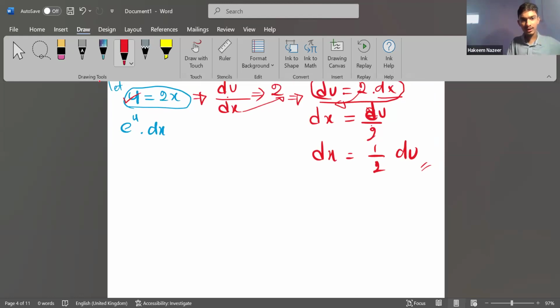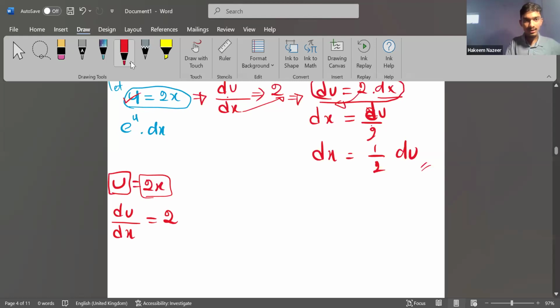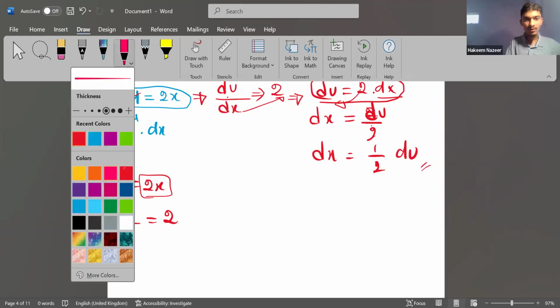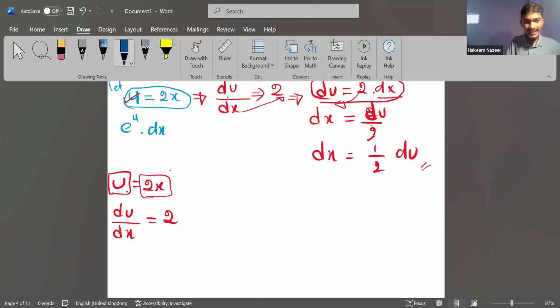Now we substitute u equals 2x. We get the derivative of u with respect to x. Then du over dx equals 2, since the derivative of 2x is 2. Now what's the answer for du?